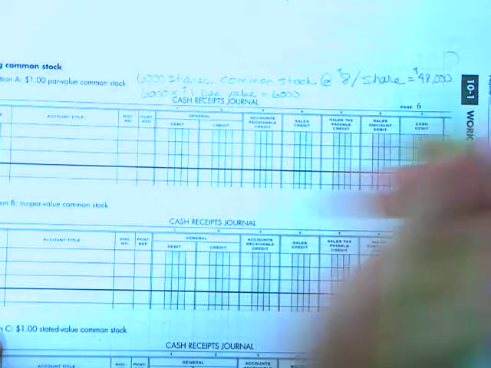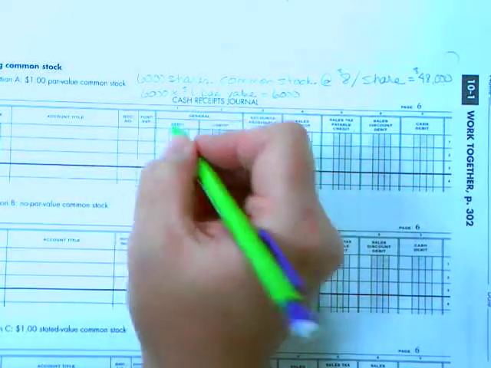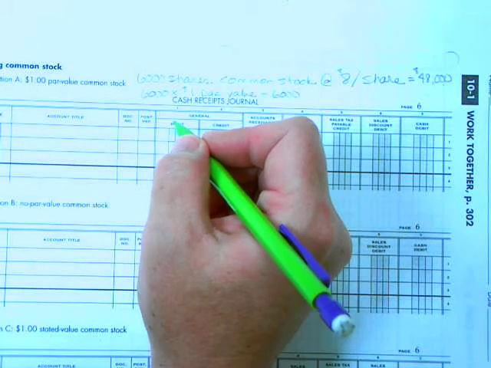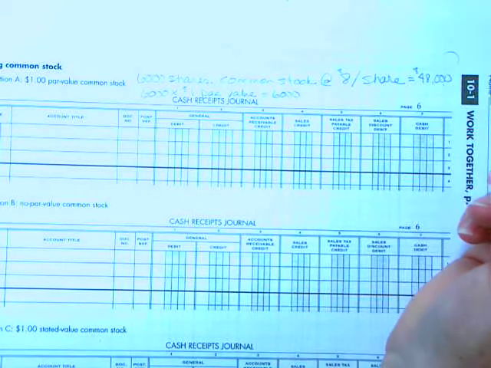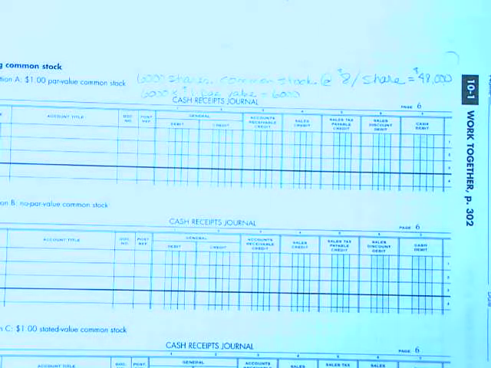We are going to recognize the par value in our common stock or our capital stock account. And then everything else above is going to be an account called paid in capital in excess of par value. And that's a really long name.